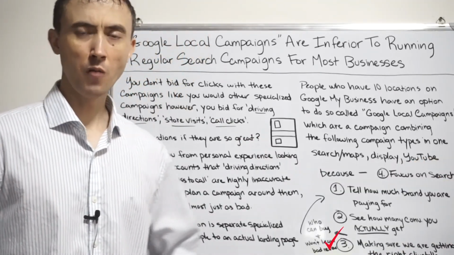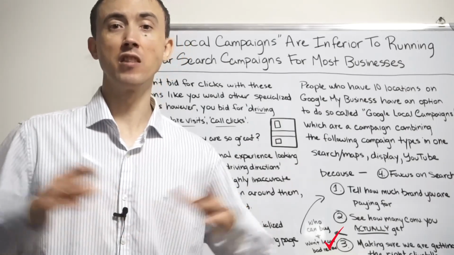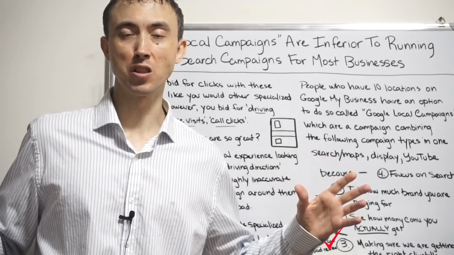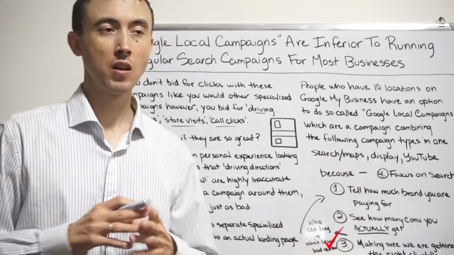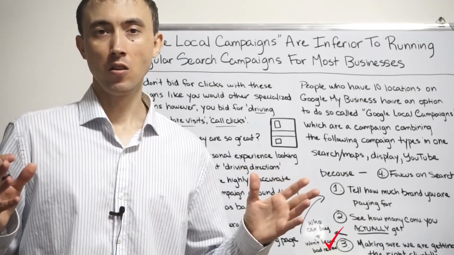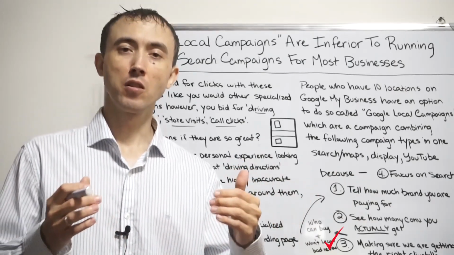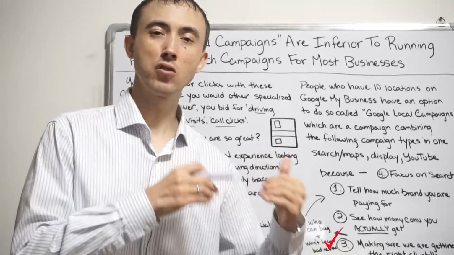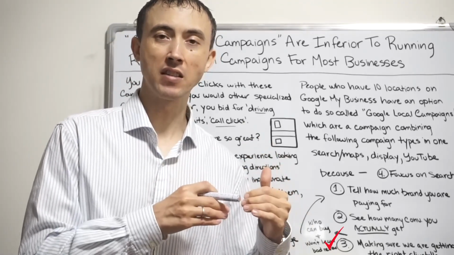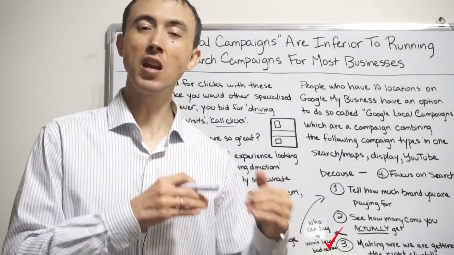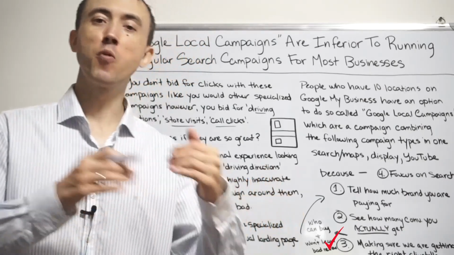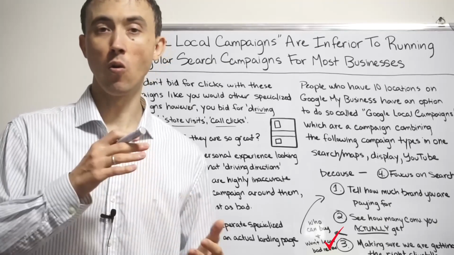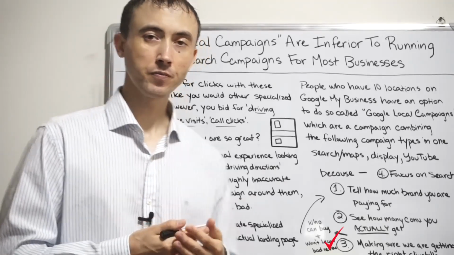So if you're on a limited budget and you're not spending the unlimited amount of spend that Google says you can spend on your Google local campaigns, then you'd be better off scaling back to just do a search campaign by itself until that can't get you any more business, and then move forward with display advertising or YouTube ads.